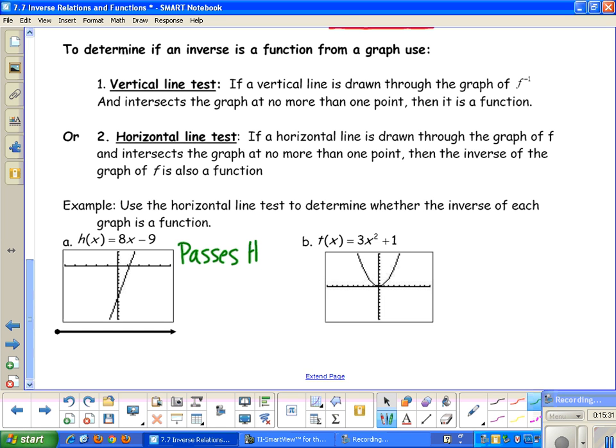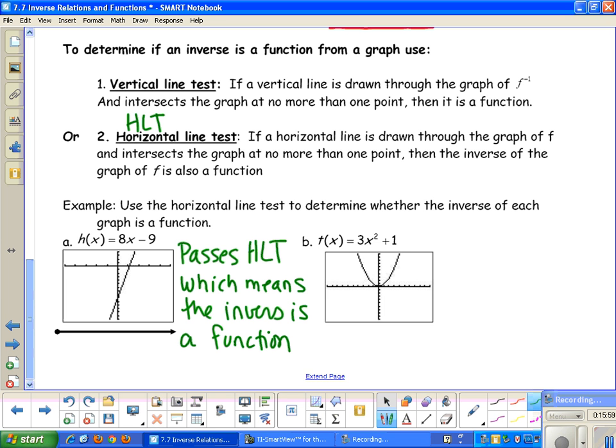I'm just going to write HLT for horizontal line test. And because this passes the horizontal line test, this means the inverse is a function.